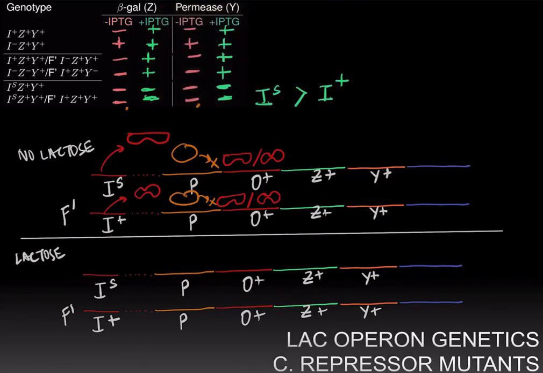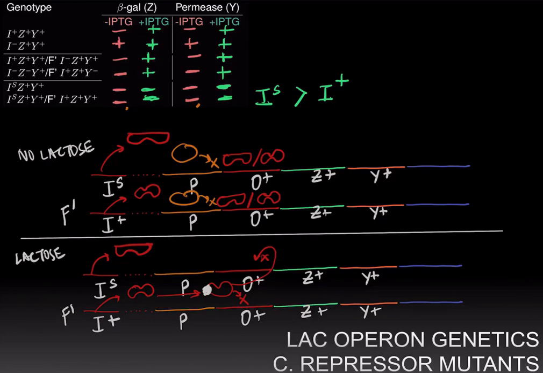Now, when you do have lactose, you will have the two species of the repressors, and the wild type repressor will undergo the allosteric transition, and this molecule will not have the ability to bind the operator sequences.